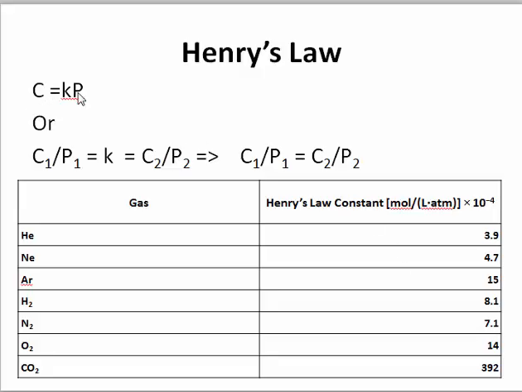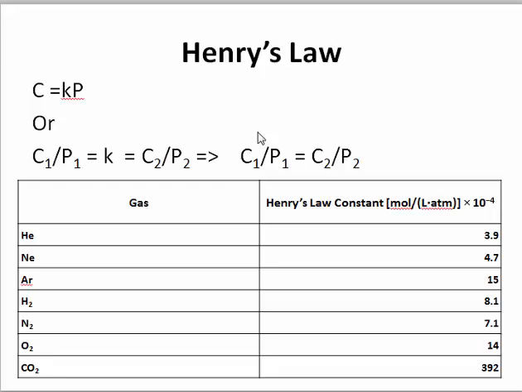Henry's law says that the concentration is equal to the pressure multiplied by some constant. So as we've seen, if pressure goes up, concentration must also be going up. Or, since concentration of gas at a certain pressure is equal to this constant, we can say that concentration over pressure at one pressure is equal to the concentration over the pressure in another set of conditions, where C1/P1 equals C2/P2.